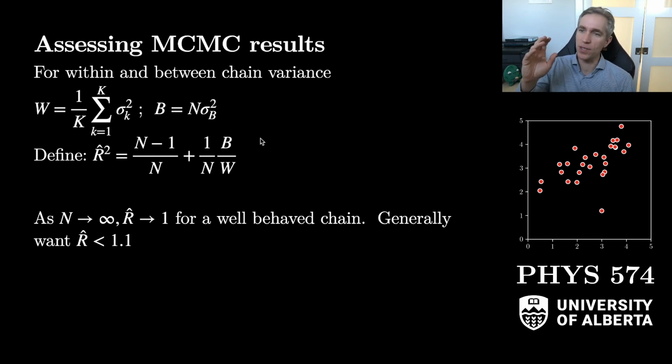It seems like you should just be able to compare B to W, and that should be okay. But what's happening here is that this particular statistic can be shown to follow a specific distribution, and then you can actually make predictions on whether the value that you're seeing is anomalous. So that's why it's formulated this way.